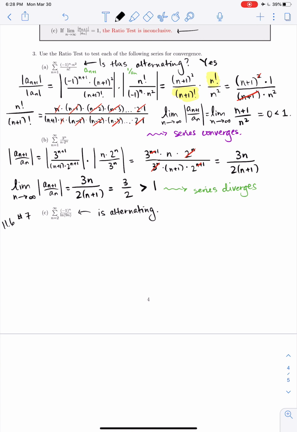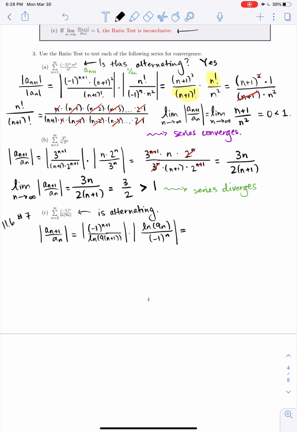Let's just do it. Okay, so the ratio of the n plus first term and the nth term. Again, I'm going to take the absolute value of a sub n plus 1, and I'm going to multiply that by 1 over a sub n, which would be the reciprocal of a sub n. Now, because we have absolute values, those negative 1s to a power, regardless of what n is, they just become 1.